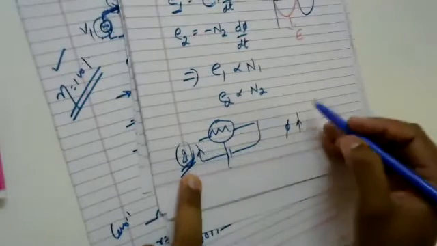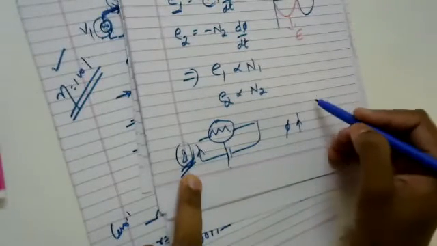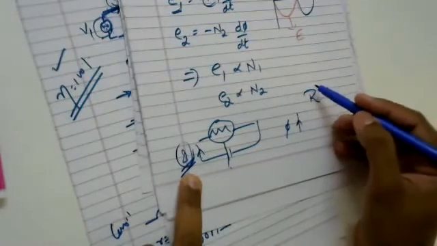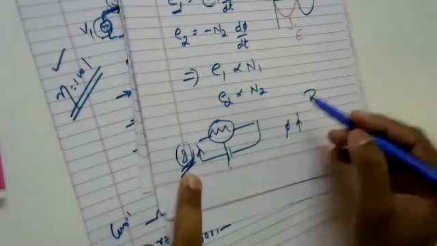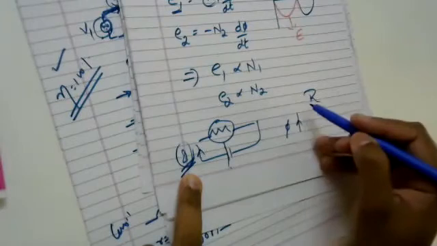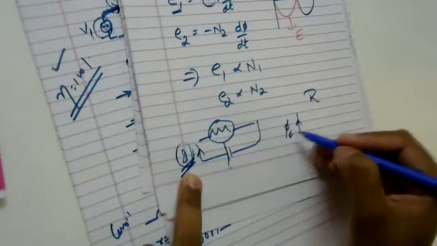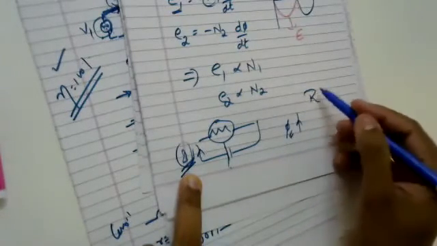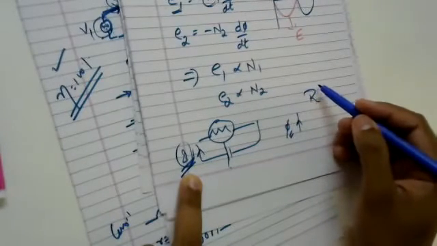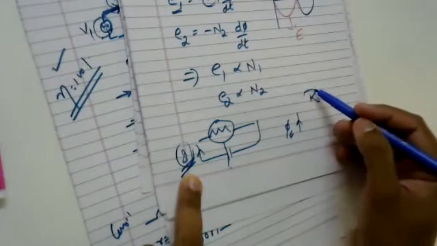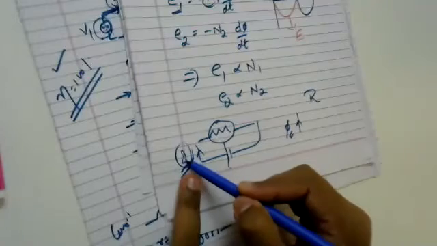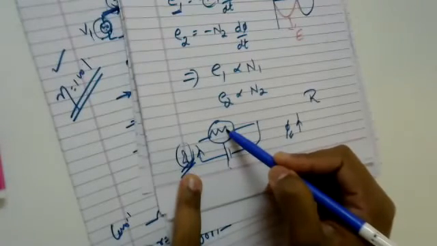In a similar manner, in magnetic circuits we have reluctance R. It's not resistance, it is reluctance. Reluctance is similar to resistance in electric circuits. It offers opposition to the flow of flux. Reluctance is the property of the material which opposes the flow of the flux.